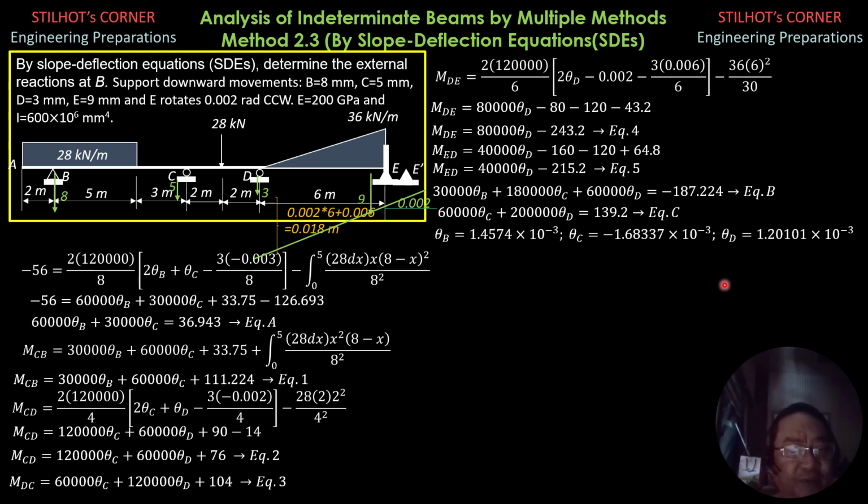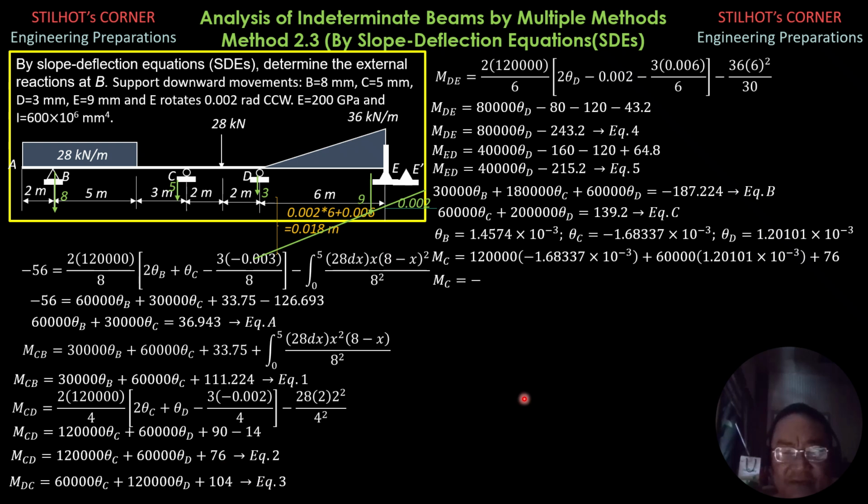We then compute moment at C, or moment CB, into this equation MCD, because that's the moment at C. 120,000 theta C, that's theta C, plus 60,000 theta D, that's theta D, then plus 76 from equation 2.